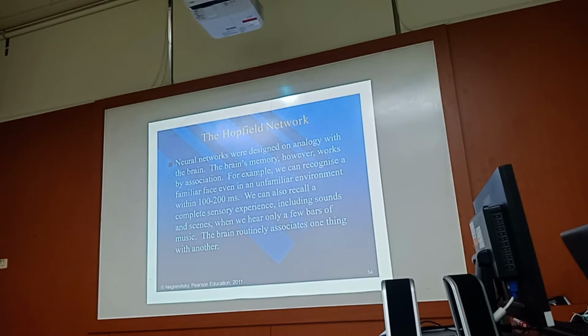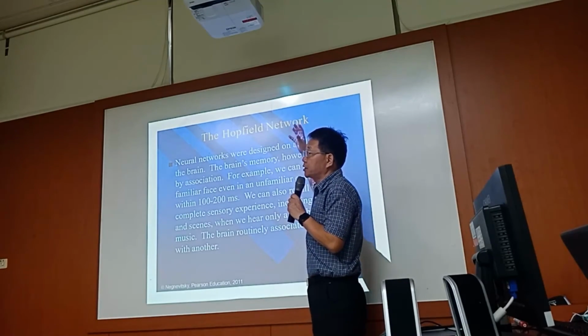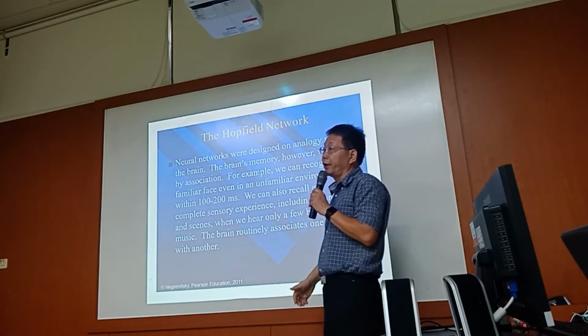For example, we can recognize a familiar face in an unfamiliar environment within 100 to 200 milliseconds. We can also recall a complete sensory experience, including sound and sense, when we hear only a few parts of the music. That means the Hopfield network is like an associative neural network.